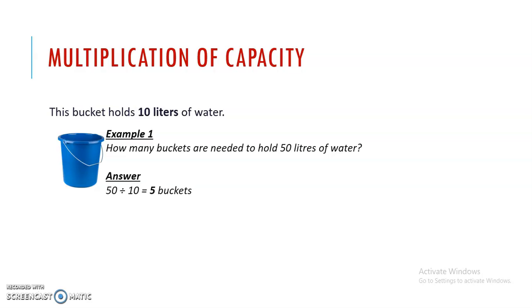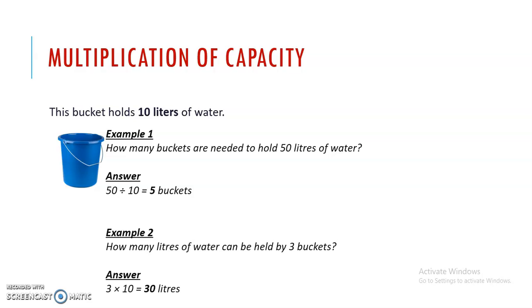That's 50 divided by 10, and that's 5 buckets. So 5 buckets will hold 50 liters of water. Second example, how many liters of water can be held by 3 buckets? 1 can hold 10, so 3 will hold 3 times 10.